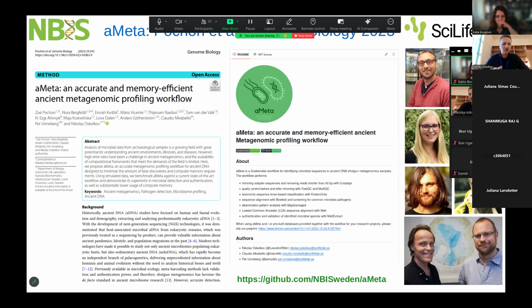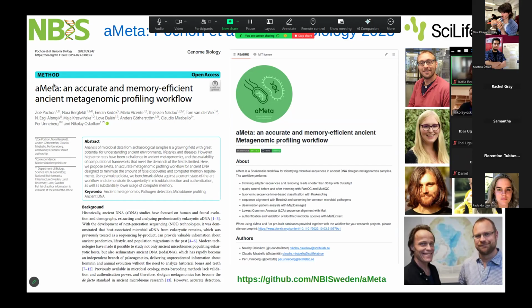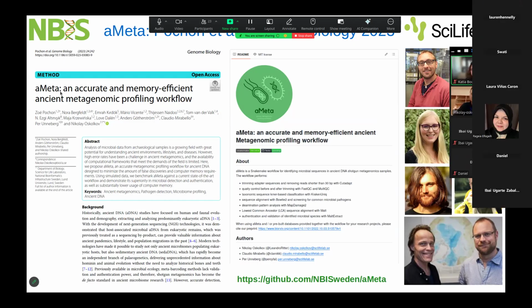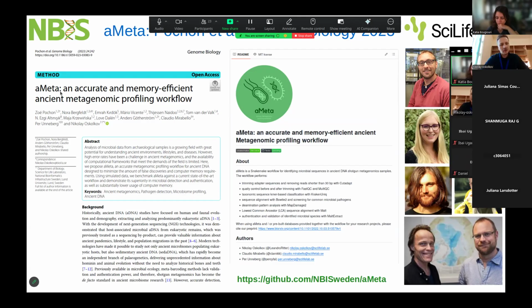aMETA may not be the best computationally friendly and easy to run, but certainly the approach, the principles of aMETA, I believe in them, and I think they should be used in ancient DNA analysis as much as possible.